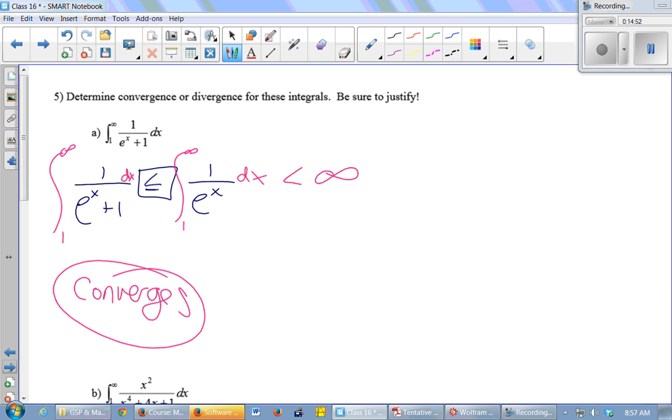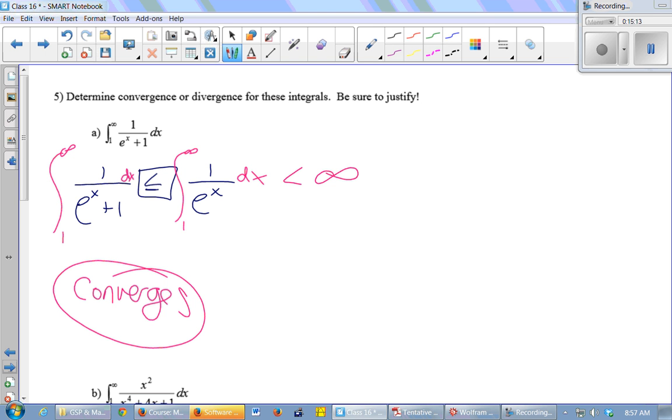So the integral I'm interested in here converges because it is smaller than a different integral that I know also converges. If you have a function that you know is convergent, our function is smaller than it, so it has to also be convergent.